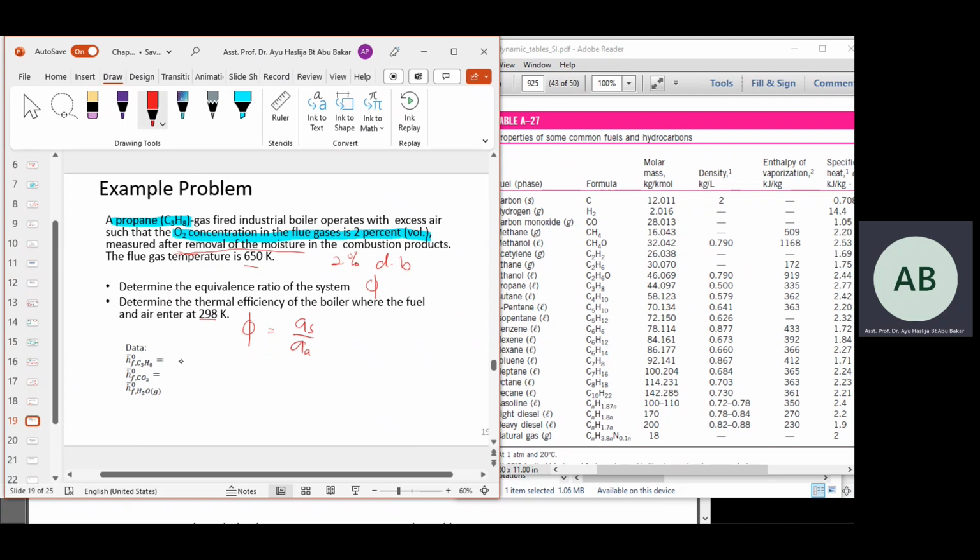Okay, as always, what is the combustion equation? We have propane as the fuel.